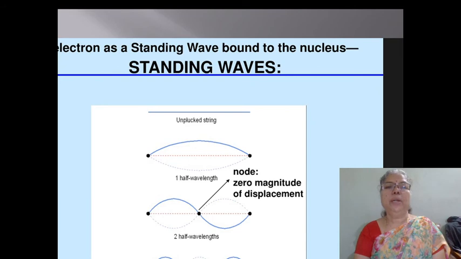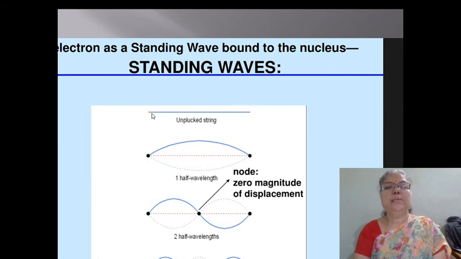Then, Schrodinger compared the electron wave to a standing wave, the wave associated with a stretched string.